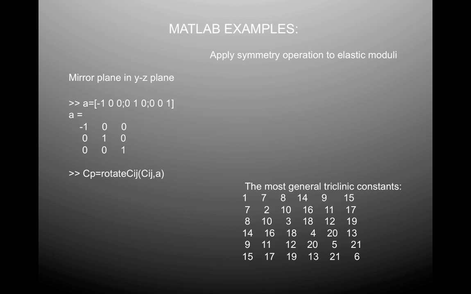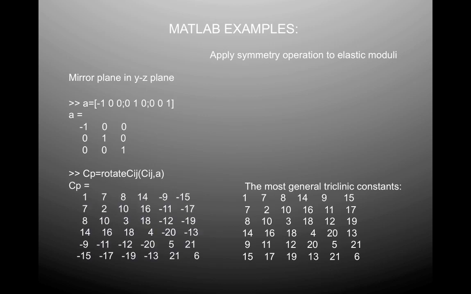If I rotate my most general triclinic constants about that transformation, I'll get a prime set of elastic constants that look like this. And you'll notice the only difference between this and the original is that we've switched the sign of a number of elements but left them in the same place. Clearly, the only way a number can be equal to the negative of itself is if it's 0. Thus, constants in the locations 9, 11, 12, 13, 15, 17, 19, and 20 all must be 0.